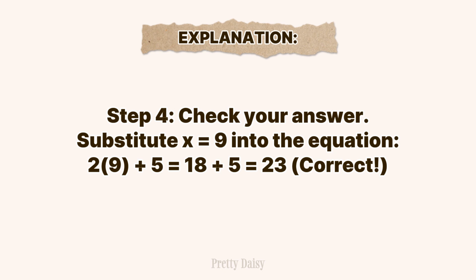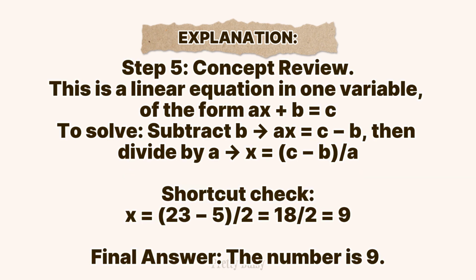Step 4. Check your answer. Substitute x equals 9 into the equation. 2 times 9 plus 5 equals 18 plus 5, which equals 23. Correct. Step 5. Concept review. This is a linear equation in one variable, written in the form ax plus b equals c. To solve, subtract b from both sides to get ax equals c minus b.